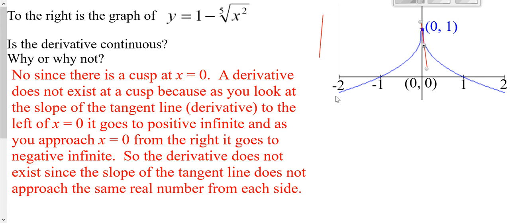So here you'd have a positive slope because you're going up, and it will get to be a very big positive number on the left. But just to the right of 0, you'd start at a big negative number, and then as you continued along here, these are all negative slope tangents here. So your derivative would not be continuous. So once again, here we had a continuous function, but your derivative was not continuous.